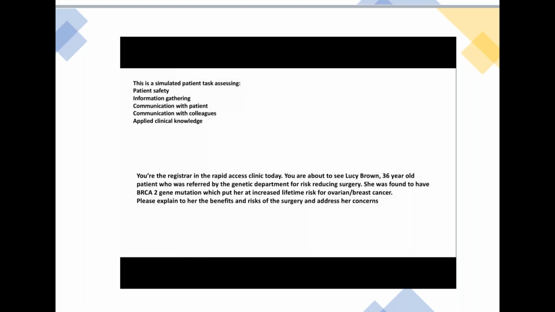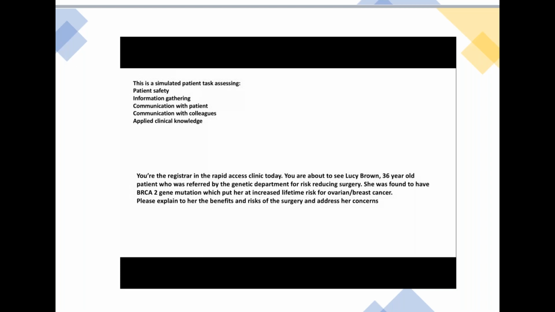Okay, and the benefits of risk reducing surgery is to reduce the ovarian cancer risk by 95% and to reduce the breast cancer risk by 50%. Okay, and she has to know that she will be followed up with the genetic doctor regularly.